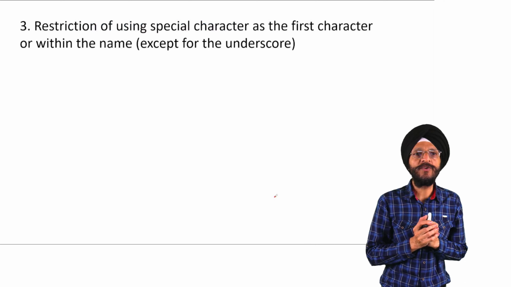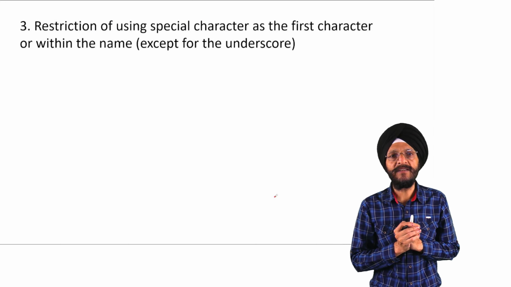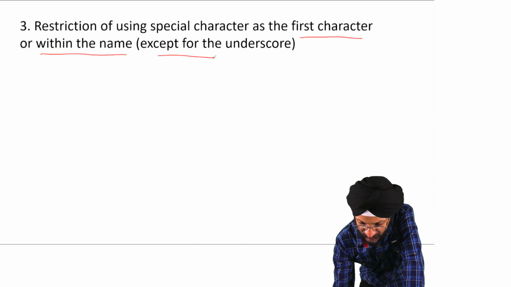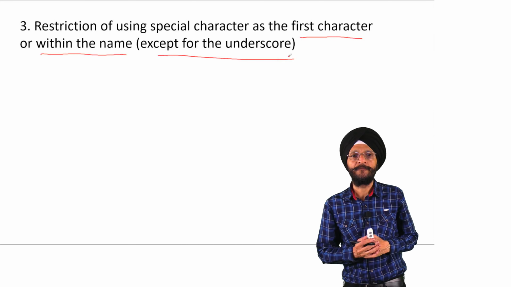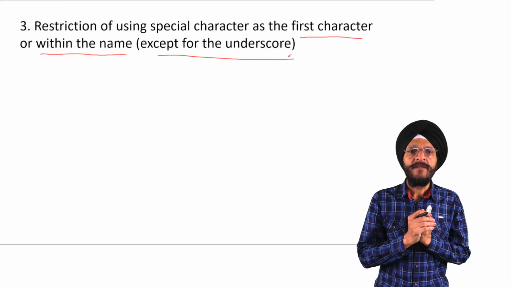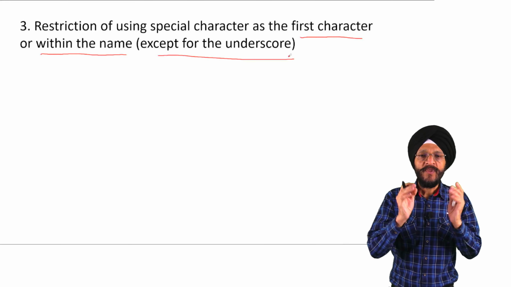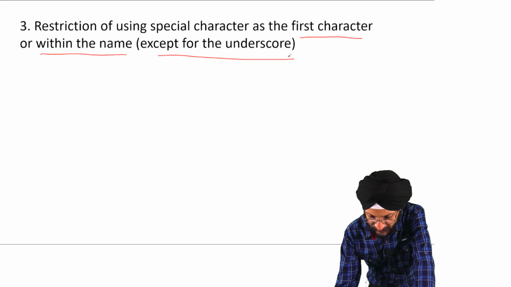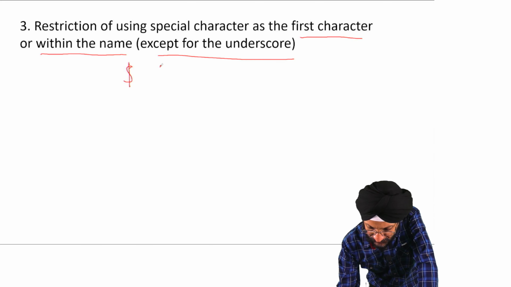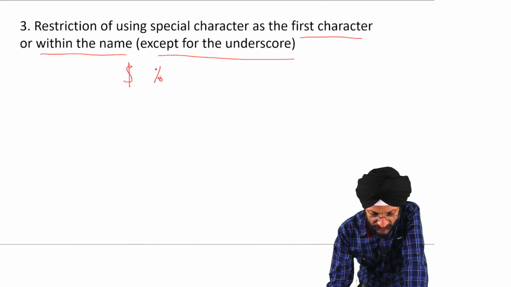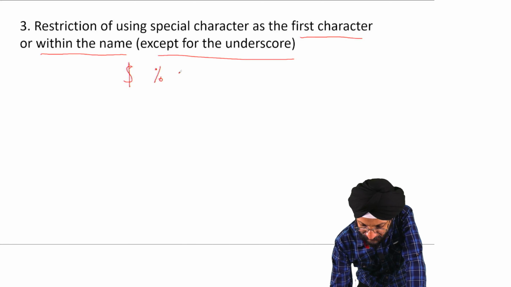Next is the restriction of using a special character as the first character or within the name, except for the underscore. While writing the variable name, we can use underscore, but we cannot use any special characters such as percentage, dollar, or other symbols like hyphen.